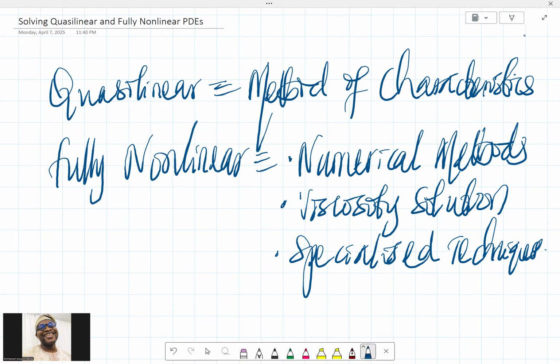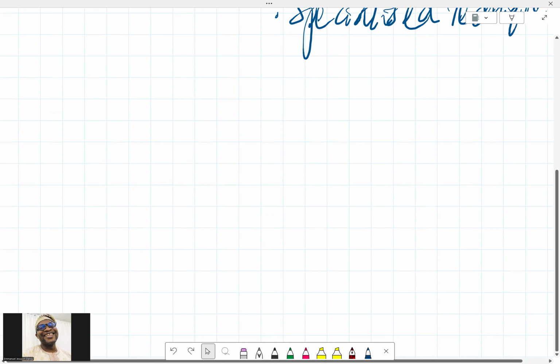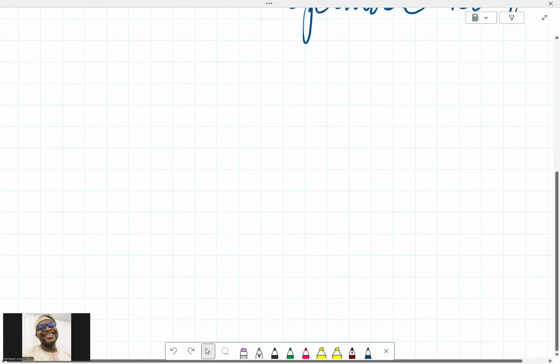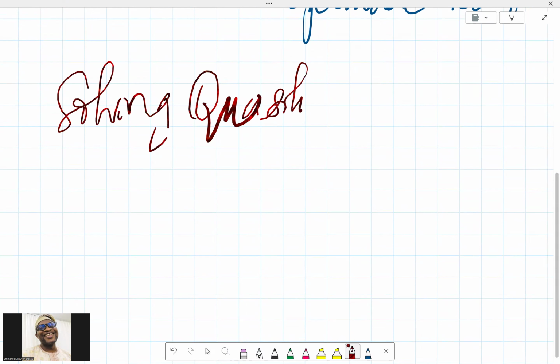Okay, so with that in place, let's go for the first one, solving quasi-linear PDEs.